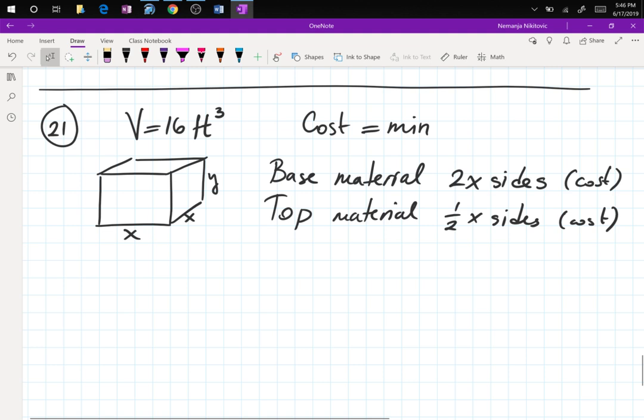So we're going to first start with doing the same area of each of these, but you can actually draw the wireframe over here for the box.